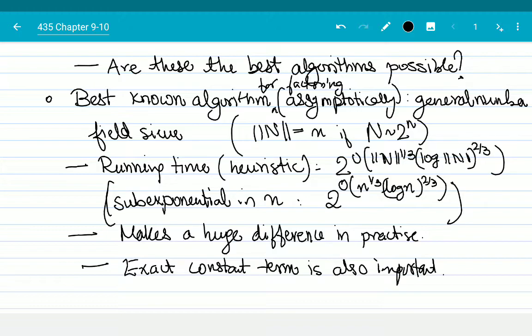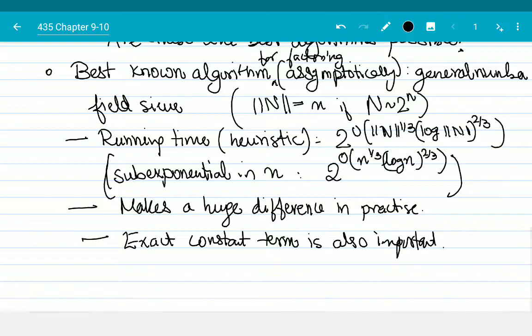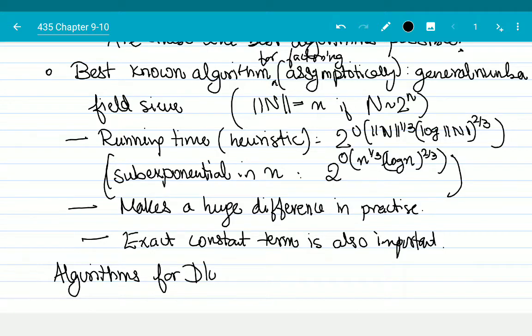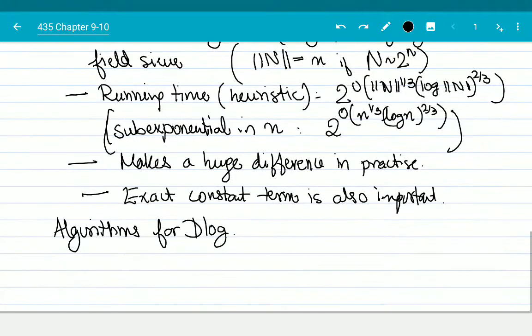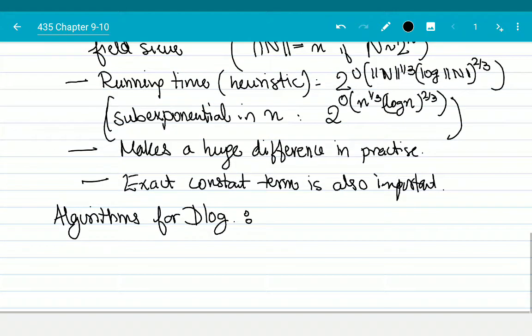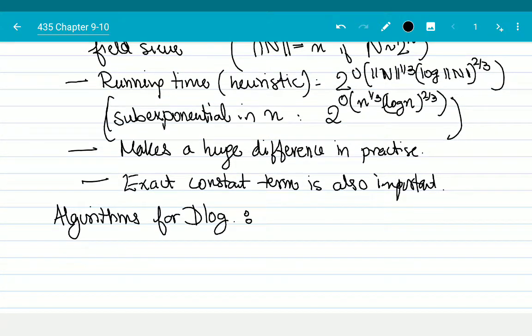Similarly, the best known algorithms for D-log. There are two types of algorithms here instead of just a general algorithm.